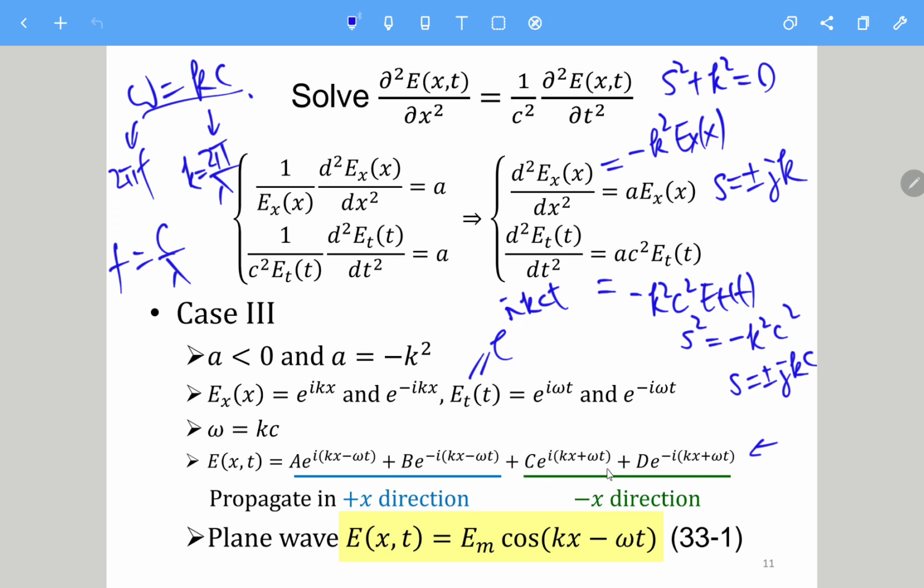First, we only consider the one propagating in the positive x-axis, and we also try to make A a complex conjugate of B, so that this will lead to a real function, and then there will be a phase there. But if we pick a proper reference frame, then we can just ignore the phase. So finally, we come up with this solution.